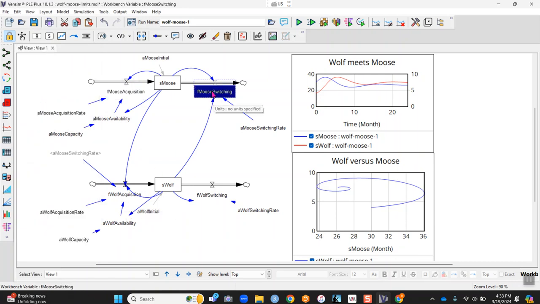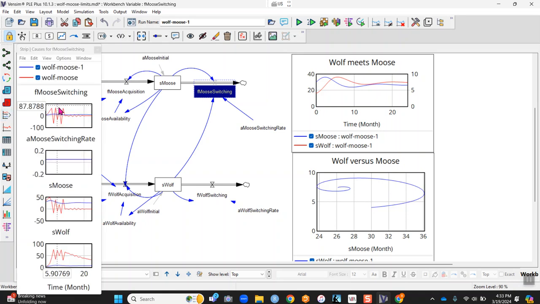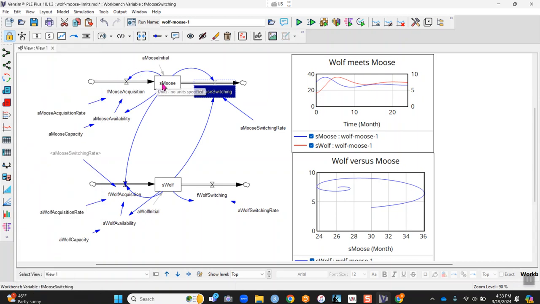And what does switching look like? Again, you get this rip saw all the way through all of the flows. Everything's nice and cool with the moose and cool with the wolf. Oh, is it though? Let's check that. Sure.